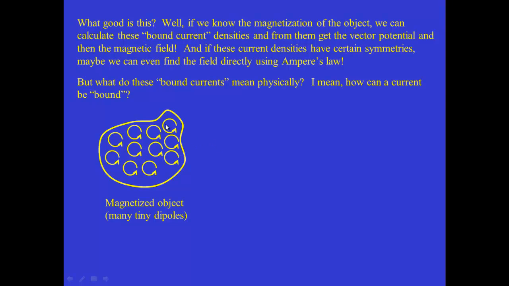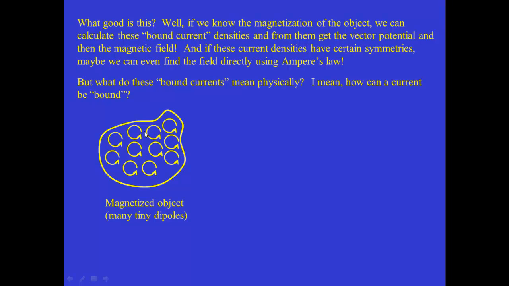Now, if you think about the superposition of all of these tiny current loops, what you notice is that in the interior of the object, these adjacent current loops tend to have currents that cancel each other out. Maybe not completely, but at least they have opposite orientations.